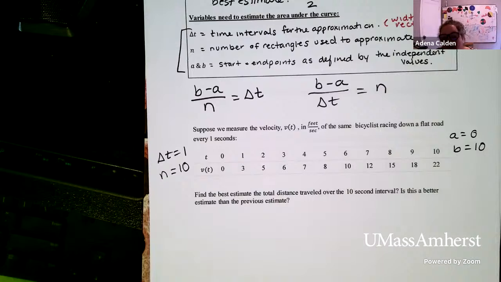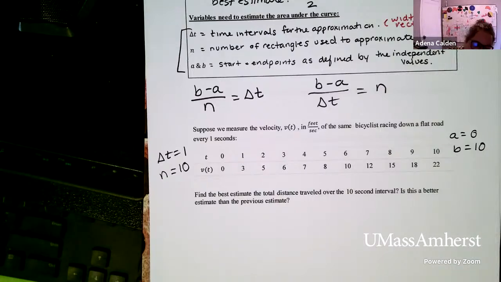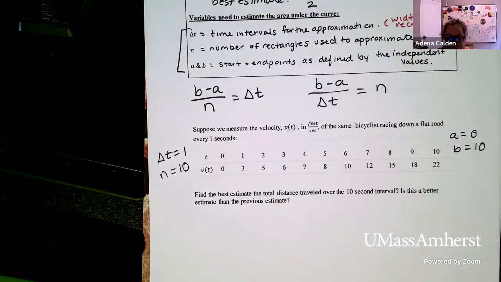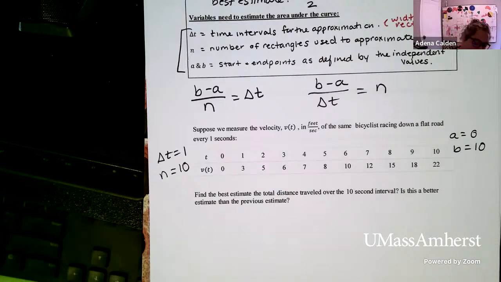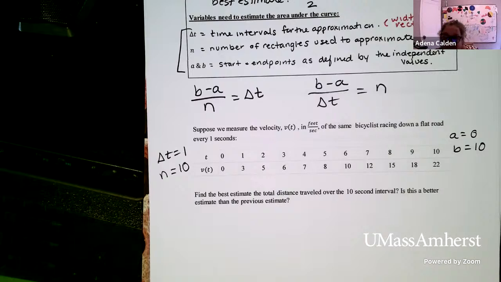What I want you to do here is calculate the left and the right-hand estimate and use that to find the best estimate. Then we'll compare that to what we found before to see if we think it's a better or a worse estimate. I'm going to give you two and a half to three minutes. Again, use the process we used when delta t was equal to 2, but now it's 1.